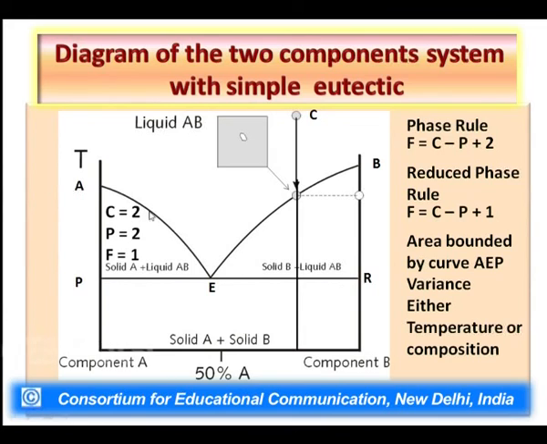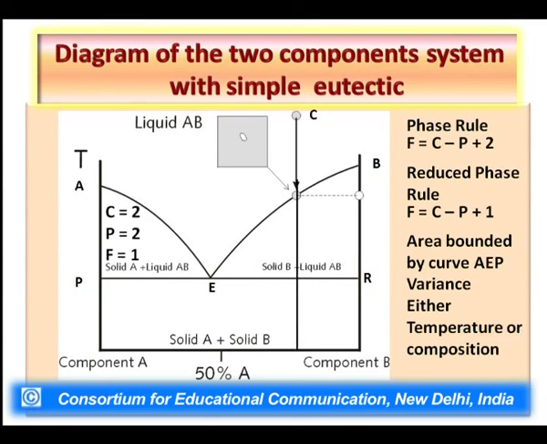If we specify the composition within this area, say this is the point where the pointer stands, which represents the state of the system, it means you have fixed its composition. When you have fixed its composition, you will have a particular liquid and vapor phase composition and a particular value of temperature. Or in other words, if you fix temperature, then from that temperature you can draw a tie line, and it will let the composition of the two phases be fixed.